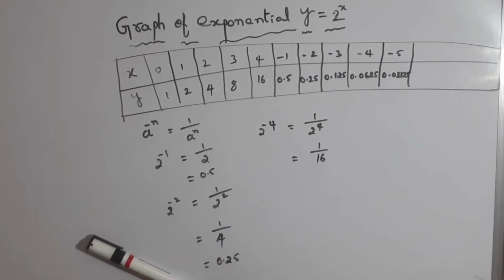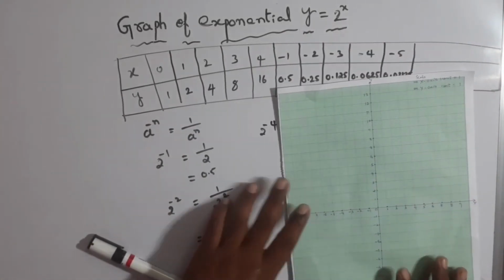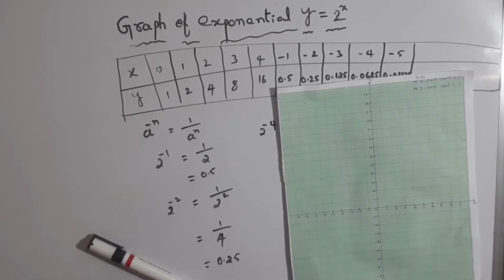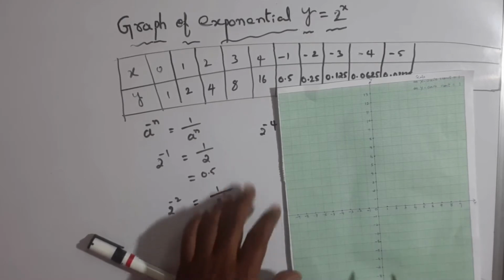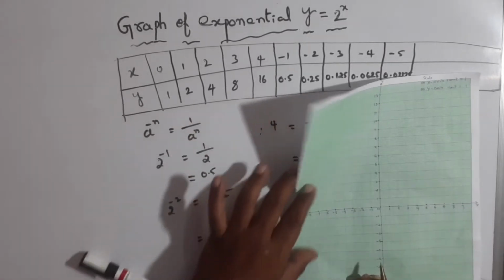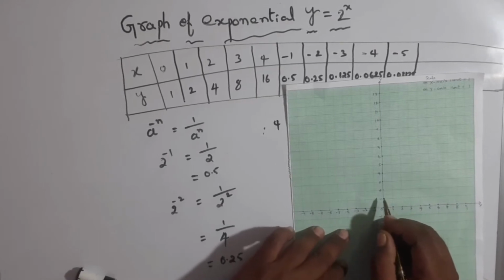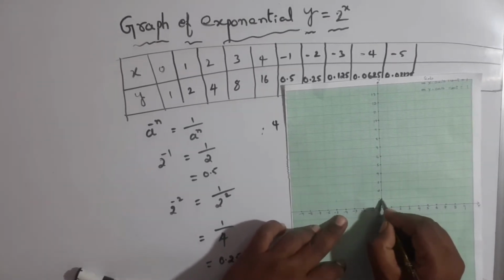Taking a graph sheet, I have already drawn the table. I put the values of the x and y coordinates. Now let me draw the graph using the values. When x equals 0, y equals 1. This is nothing but on the y axis, where the x coordinate is 0.